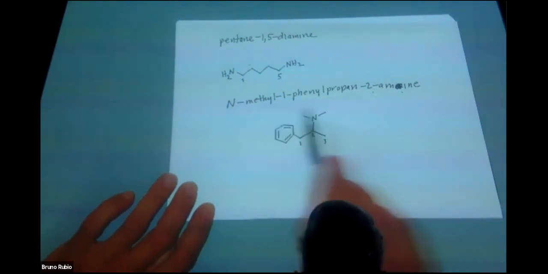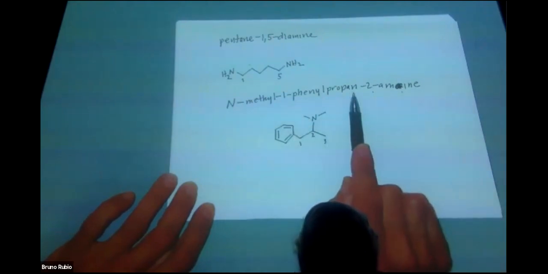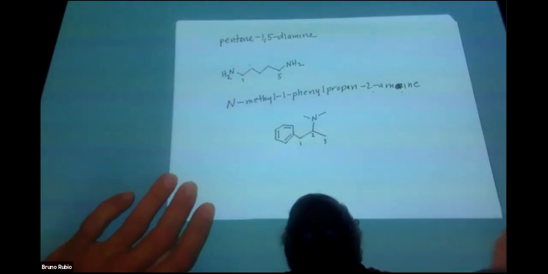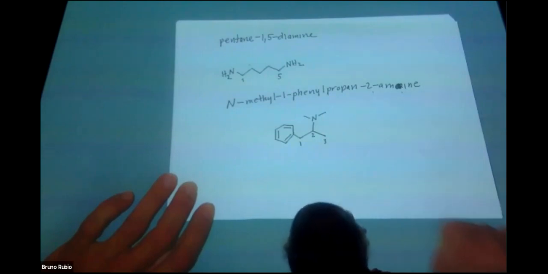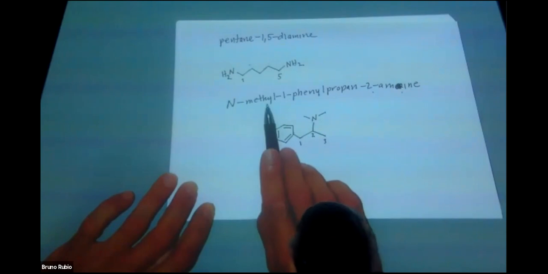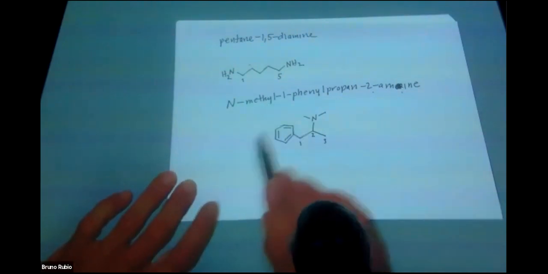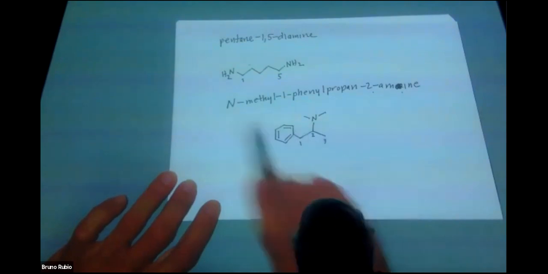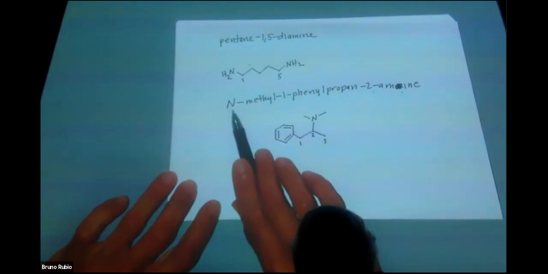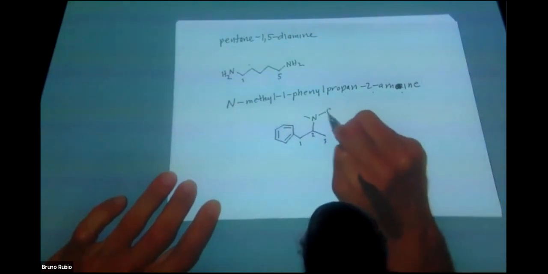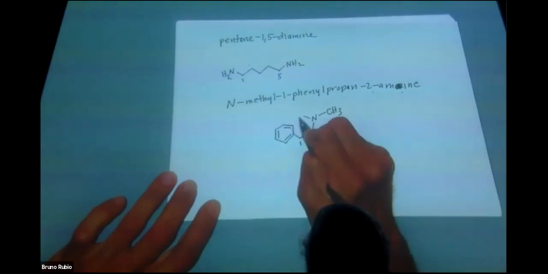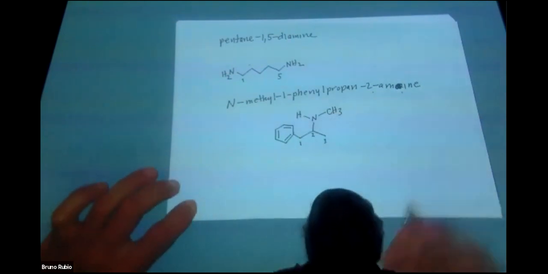So the numbers are telling you that the substituent is on one of the carbons of the parent chain, but we have a methyl substituent that doesn't live on one of the carbons of the parent chain. Instead, it lives on the nitrogen atom of the amine. So I put that's N-methyl, and nitrogen forms 3 bonds, so there must be a hydrogen over there. Okay, and so there's the structure of crystal meth. N-methyl, 1-phenyl, propane, 2-amine. All right, so let's do some more.